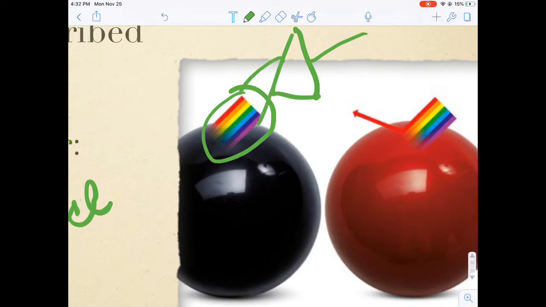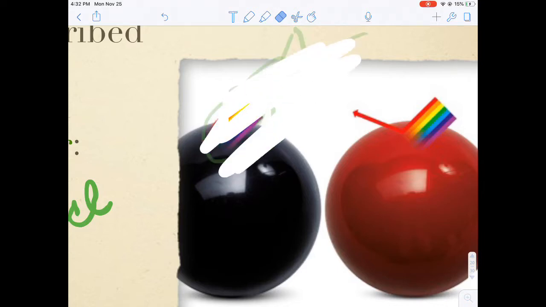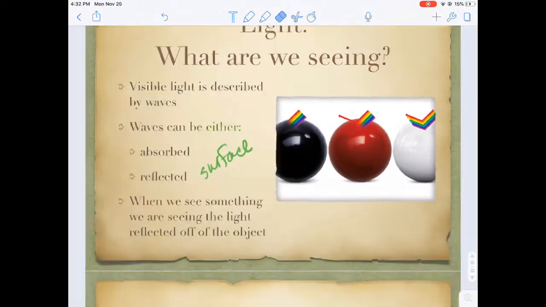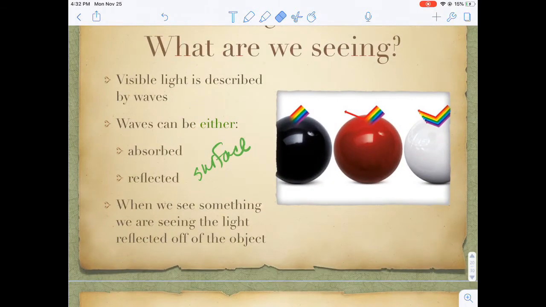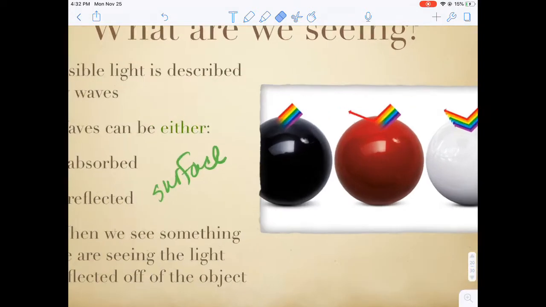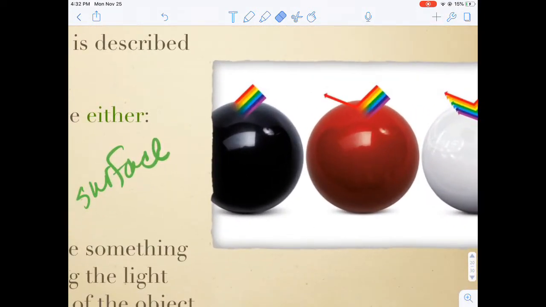Okay, so what a prism shows us is that light is actually made up of many different colors of wavelengths. So when we are looking at something, some light is being absorbed, as in taken in by the object we're looking at. Like in this case, the black billiard ball is taking in all of the colors. Okay, it's absorbing all of them.